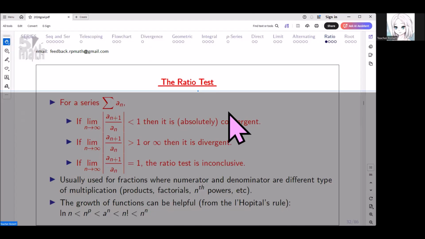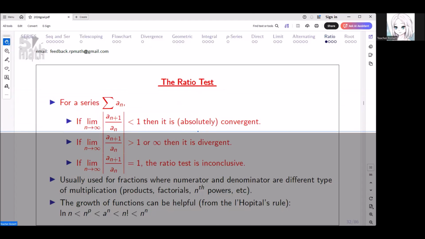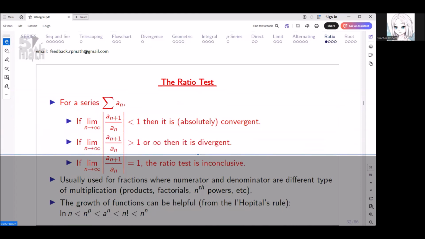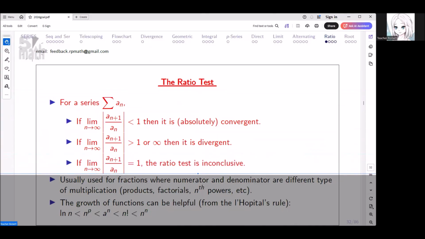The ratio test. For a series an, if this is less than 1, then it is absolutely convergent. If this is greater than 1 or infinity, then it is divergent. If this equals 1, the ratio test is inconclusive.